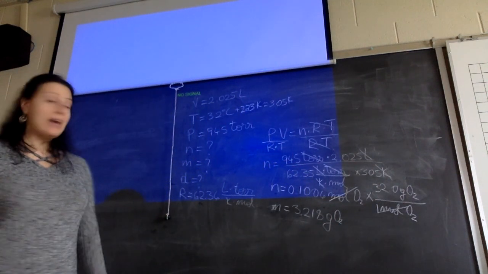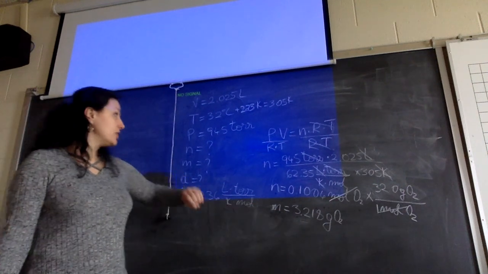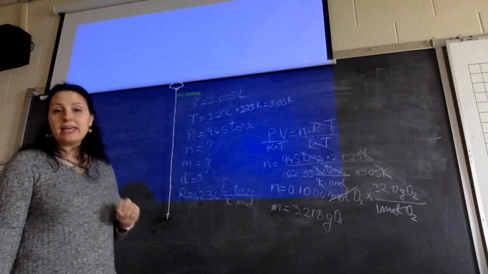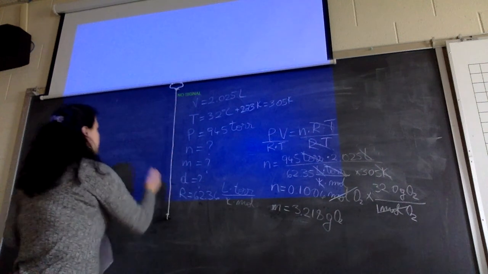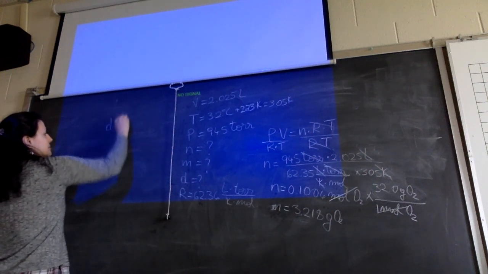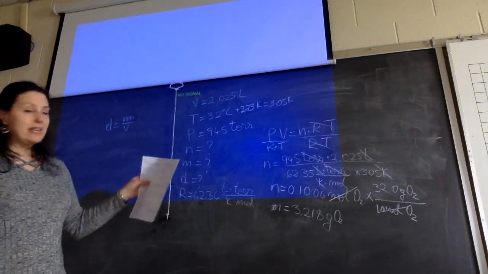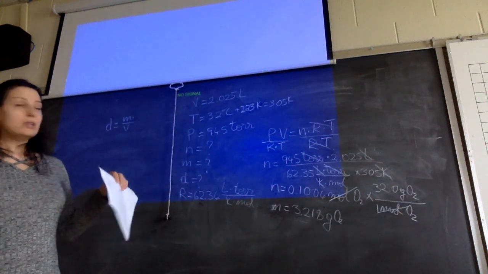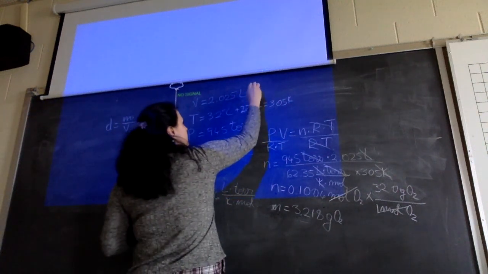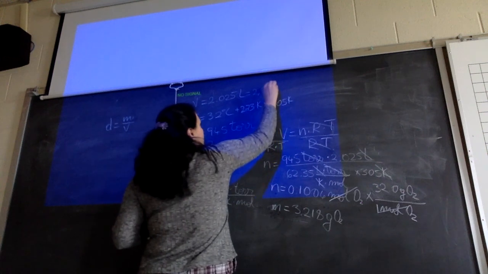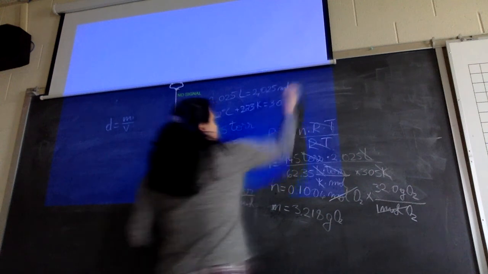Okay, now that I have the grams of oxygen, I have the mass, right? I have the mass in grams. I have a volume. I can calculate the density because I know density is mass divided by volume. If I want to write this in grams per milliliter, I would need to convert the volume to milliliters, which would be equal to 2,025 milliliters.